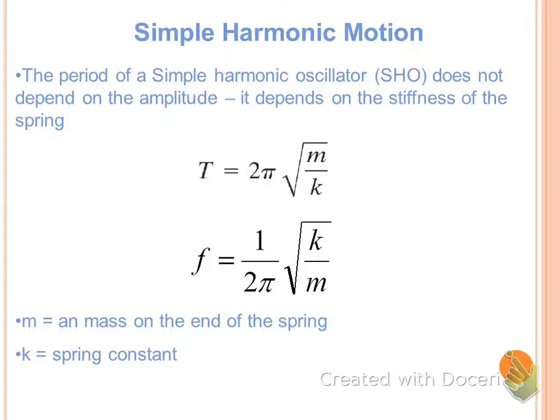We can find the energy by using the amplitude, but the period and the frequency of this spring moving in simple harmonic motion make no difference about how far it's traveling. It matters the mass on the end of the spring, and it matters how stiff the spring is, or the spring constant. So these are two equations that we can use for a simple harmonic oscillator, something that's moving in simple harmonic motion.